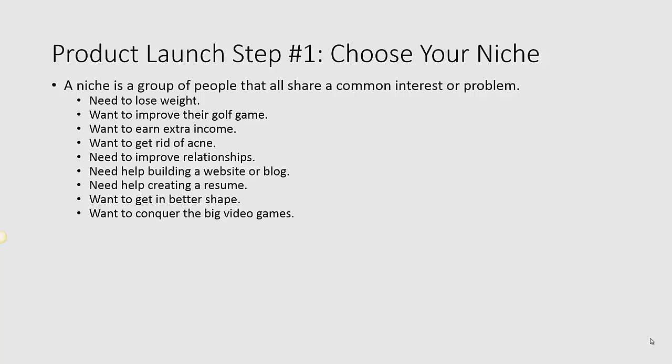They want to conquer the big video games. There are a lot of information products, believe it or not, where people sell tutorials. World of Warcraft has a lot of those. John Madden football games have had products in the past that sold very well as well. People are out there looking for solutions to problems.